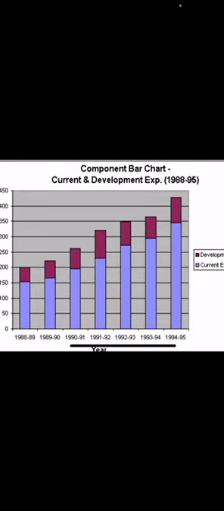Next is the component bar chart or component bar diagram. Component bar diagrams or charts are also called sub diagrams, and they are very useful in comparing the size of different component parts, the elements or parts which a thing is made up of.